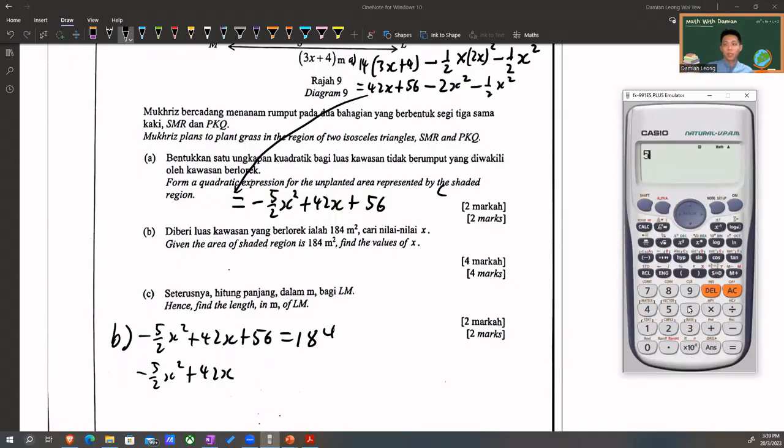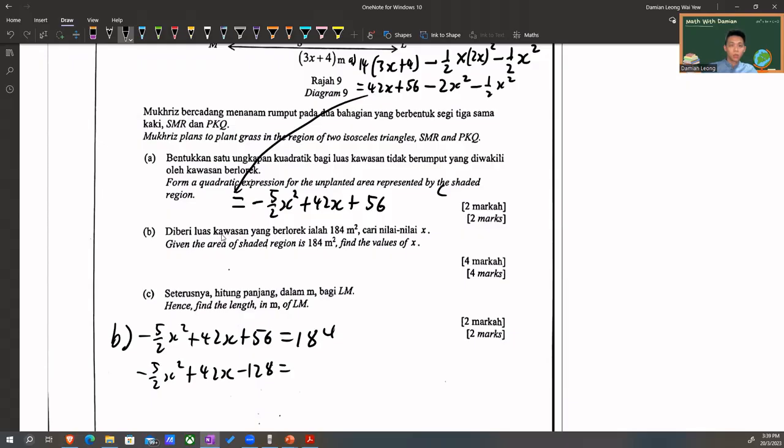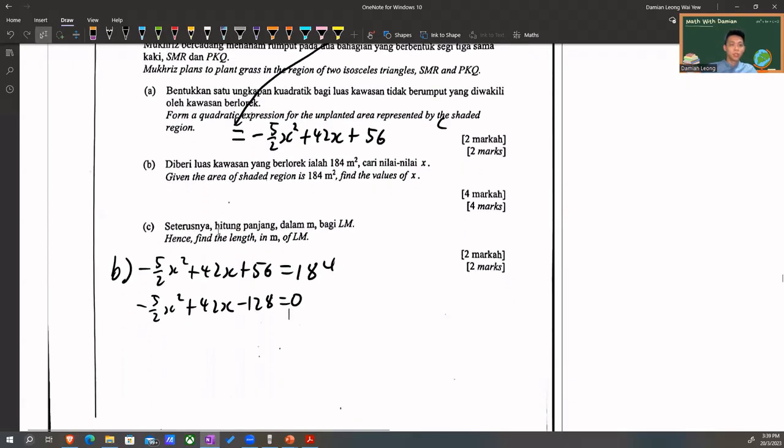So 56 minus 184, minus 128, equals 0. Let's get rid of the fraction and also the negative, times -2. 5x squared minus 84x plus 256 equals 0.